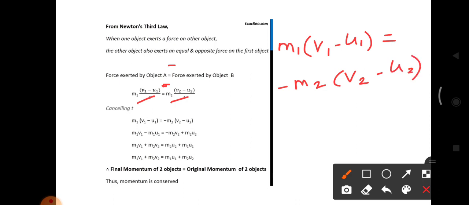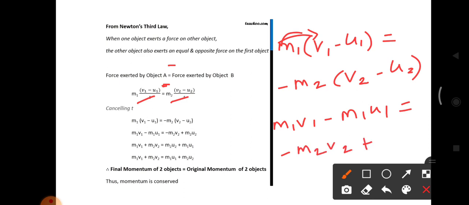Now multiplying both terms: m1 v1 minus m1 u1 equals minus m2 v2 plus m2 u2.